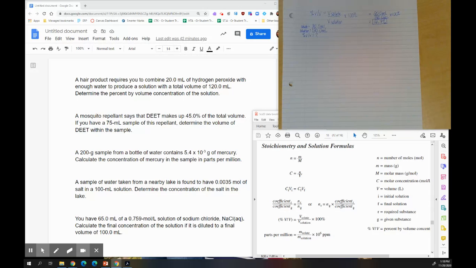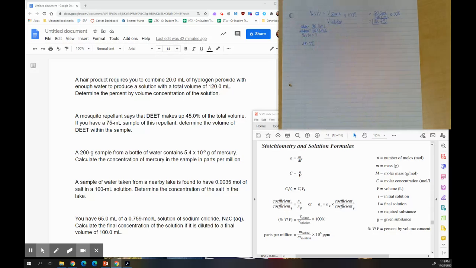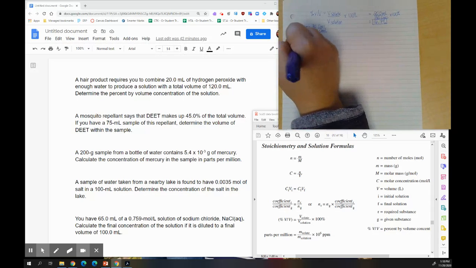Again, make sure you do try some volume over volume percent questions yourself. Let's take a look at the next question. It says a mosquito repellent says that DEET makes up 45.0% of the total volume. So there they've given me what my percent volume over volume is.